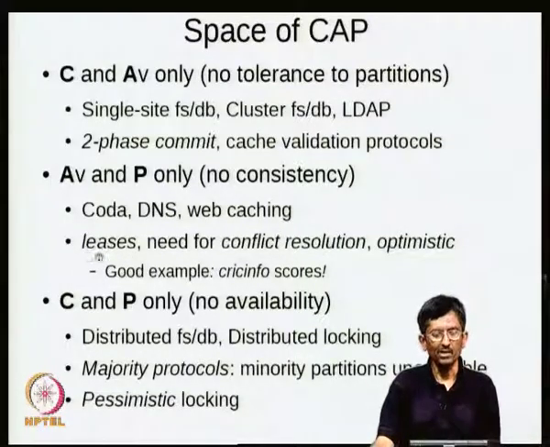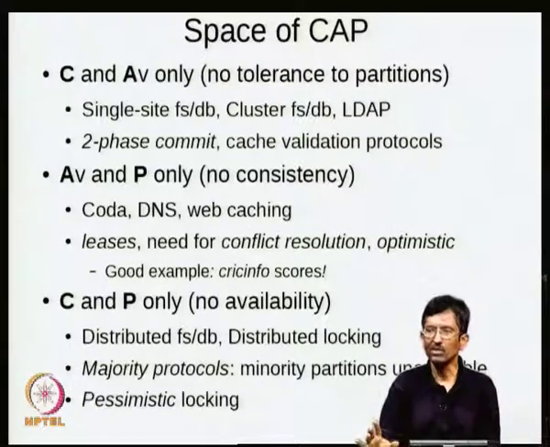And typically here you have the notion of leases, basically because it is difficult to be strict about consistency. So what I can say is, as long as I give you some exclusive access to something for a period of time, and this is governed by time, as long as my time synchronization is very good, then I am reasonably safe.